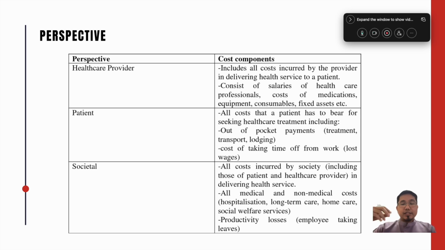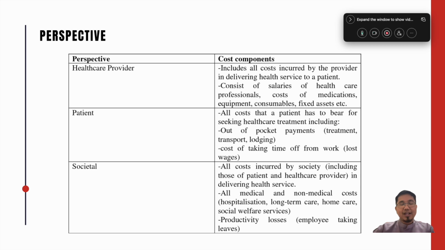The societal is a comprehensive perspective, I mean look at the community and also the patient and provider perspective. So basically if you want to do a very complicated economic evaluation, you should look at this perspective.